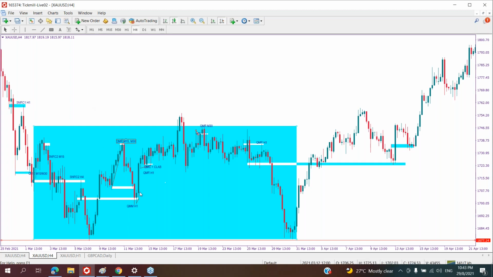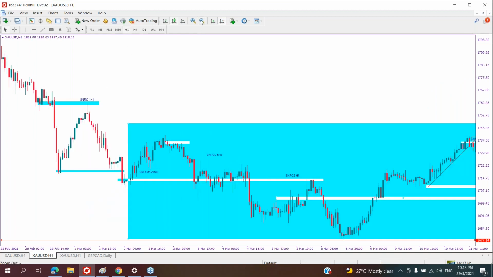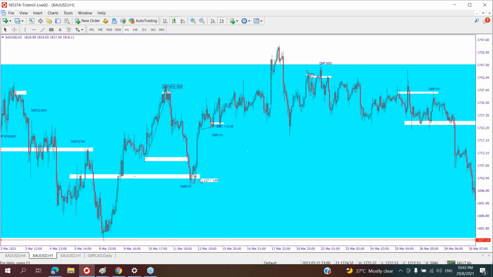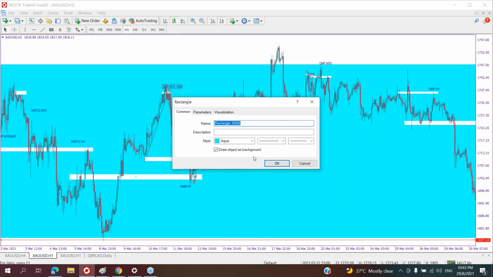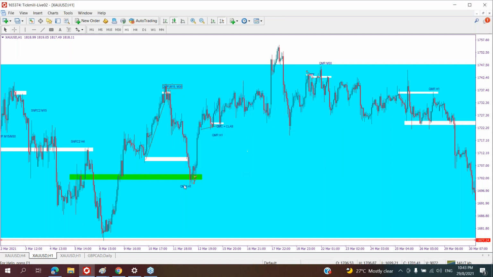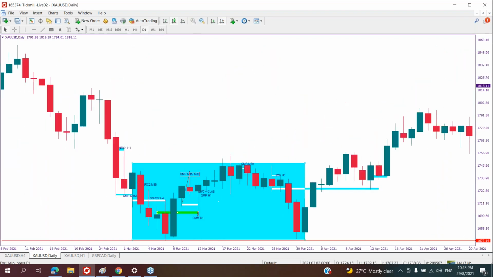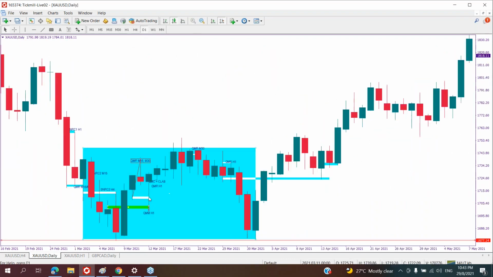Let me show you. You see, this is QMM, right? I think better I change the color. So this is QMM. We have high, low, higher high, low, lower low at the same time. Price made rally, base, rally, rally, base, rally, and then price reversed and went down. Then you have to check in the higher time frame if there's any bullish engulfing, and you can see this is a bullish engulfing.